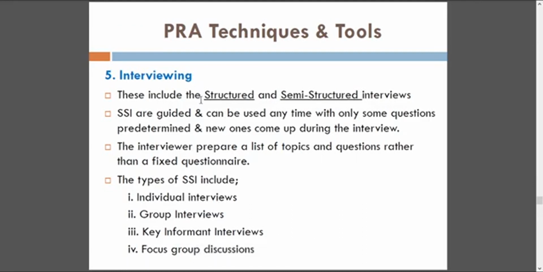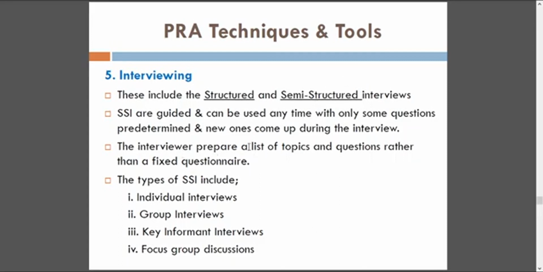And then the other technique is interviewing, and we mainly use structured interviews or semi-structured interviews when we are dealing with our community. So for the semi-structured interviews, we normally have questions that are predetermined at the beginning. However, as we go on, we can have other questions pop up, but the structured one is similar to the questionnaires that you've seen around. So the questions are predetermined, and those are the questions that will be answered. Okay, but the semi-structured wants to probe more, so other questions can come in as you move along with the participants.